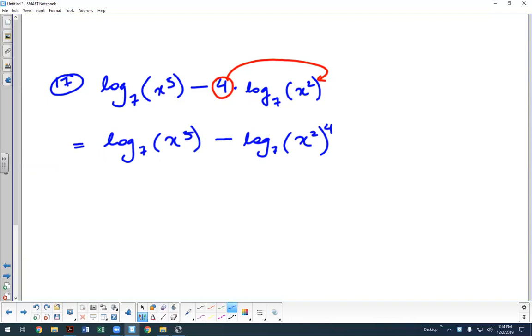To clean that up, which will end up giving us what? Yeah, power rule for exponents, x squared raised to the 4th power, you multiply 2 times 4. 2 times 4, of course, is 8.